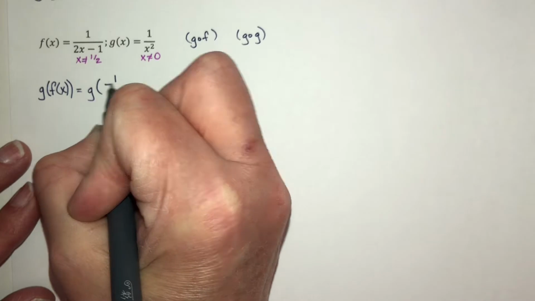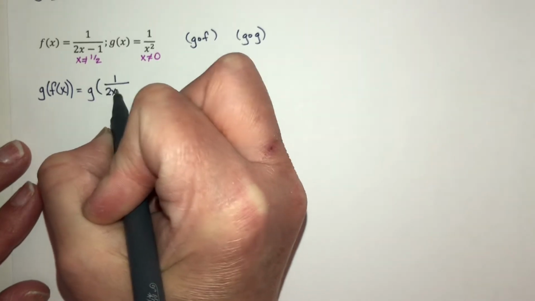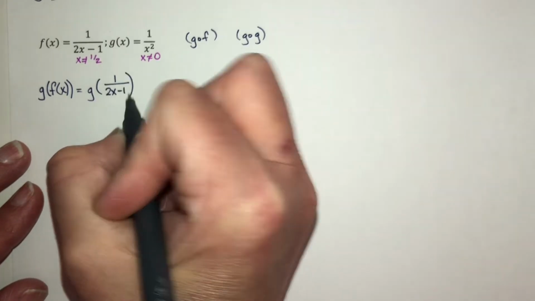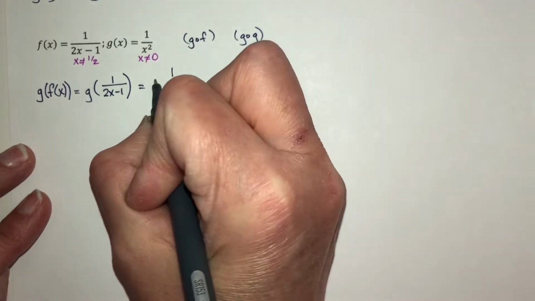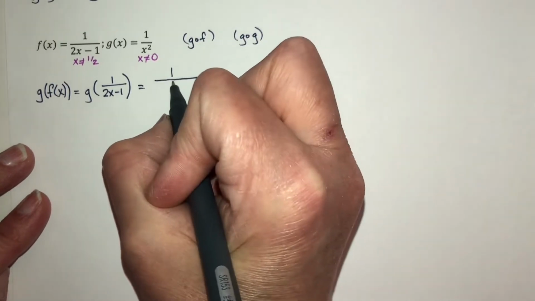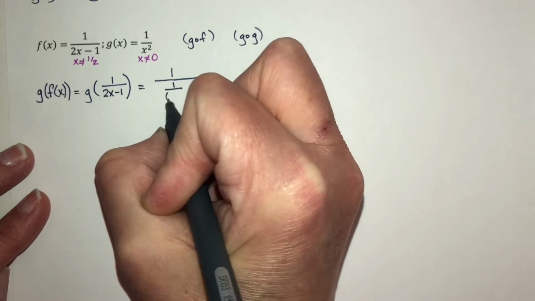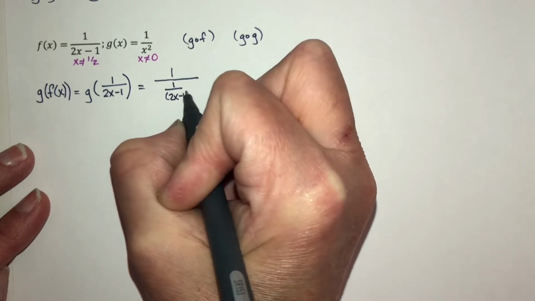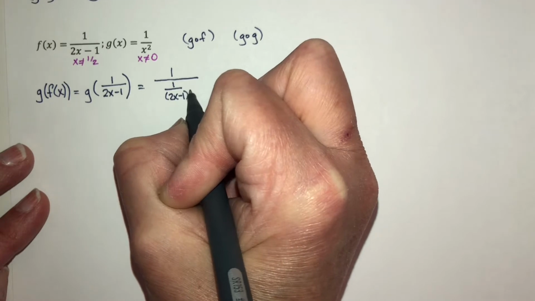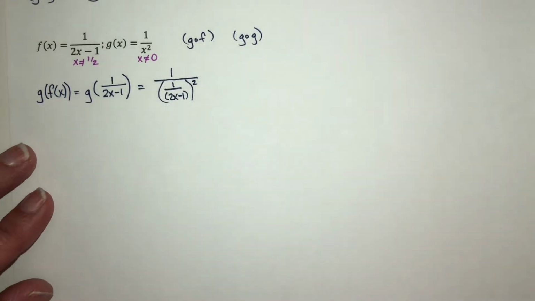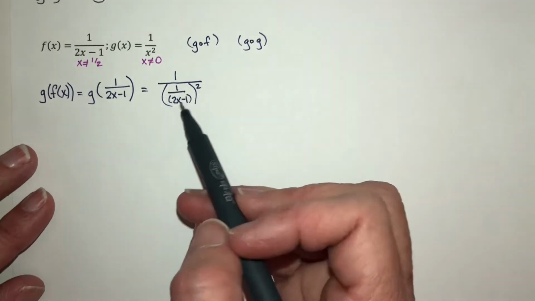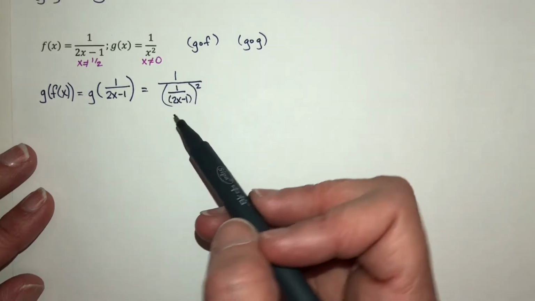G of 1 over 2x minus 1, which is, you're going to have a complex fraction here. Okay, now you have some options on this.